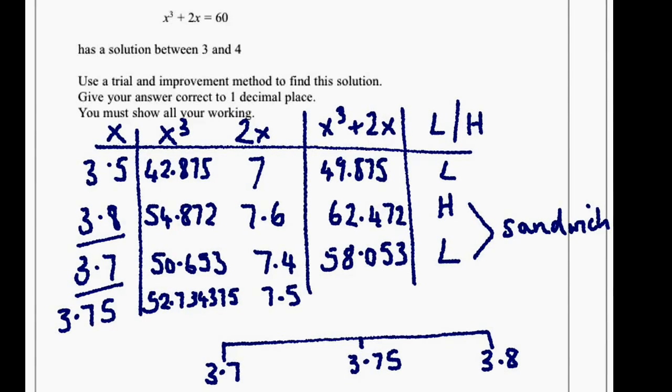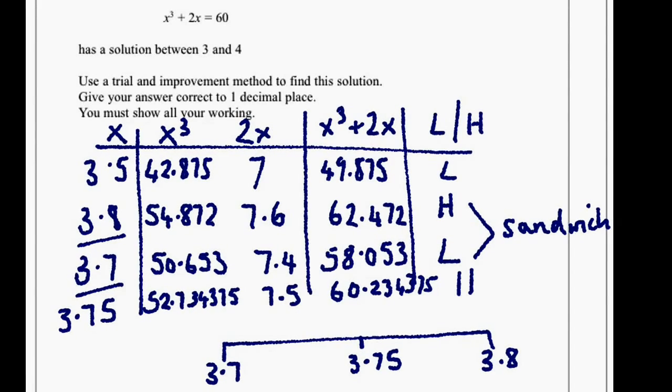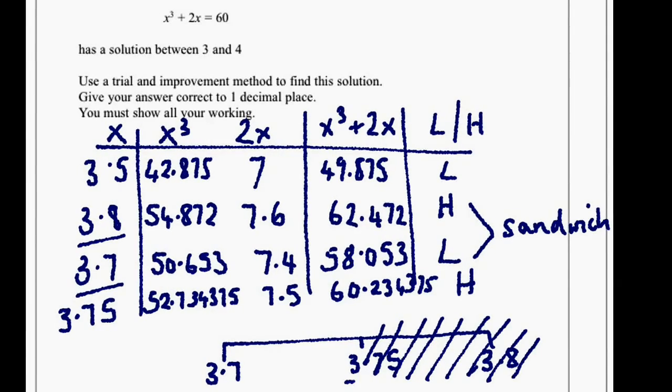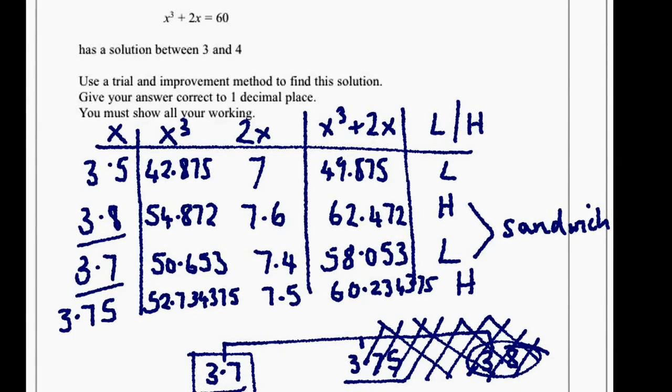When I add those together, I get 60.234375, which is too high, which means now my number is between 3.75, which was too high, and 3.7, which means I'm no longer interested in 3.8 as an answer, which means my answer to one decimal place must be x is equal to 3.7 to 1 dp.